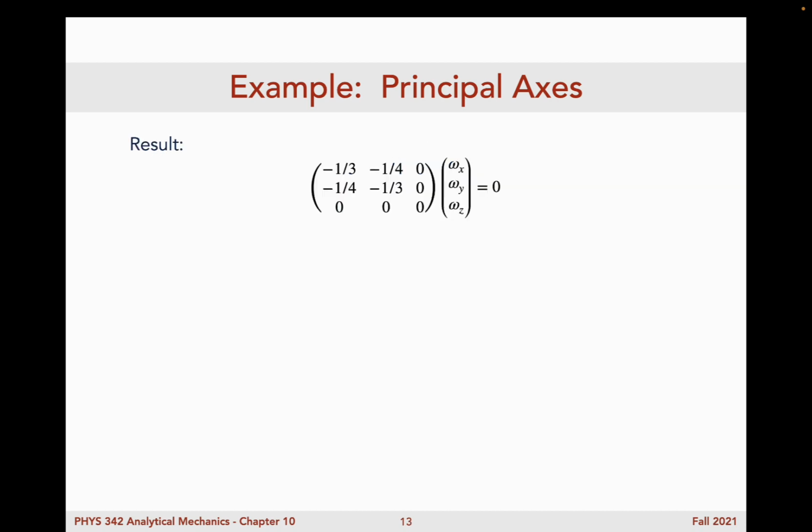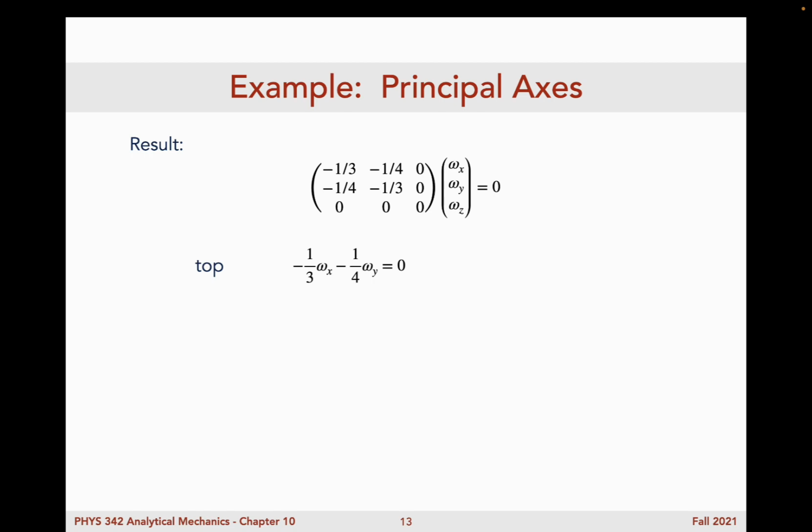Simplify that matrix and you get this. And remember, this kind of matrix multiplication is just shorthand for writing three equations. The first equation is this top row multiplied by the vector equals 0, then the middle row multiplied by the vector equals 0, and then the bottom row multiplied by the vector equals 0.